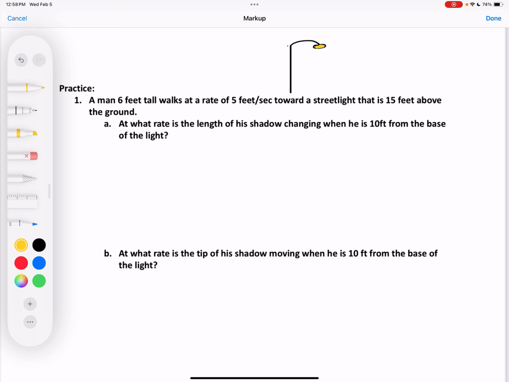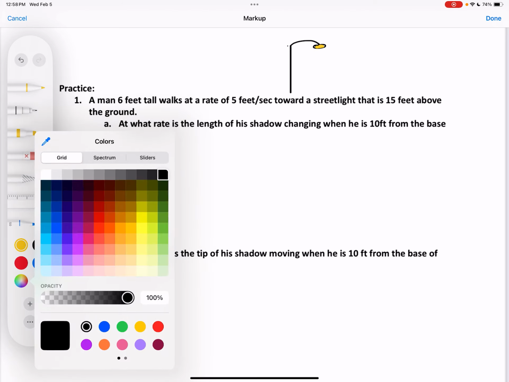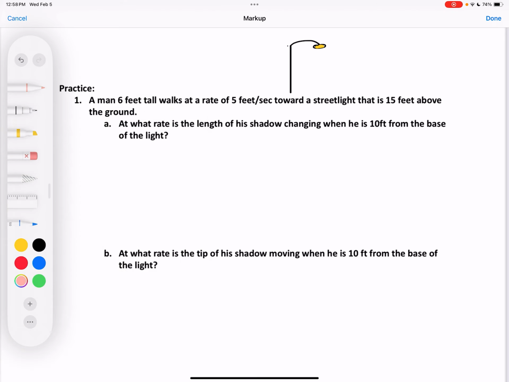Well, you know what, Josh? I'm just kidding. He's over here. Is it a boy? A man. I mean, if it was a boy 6 feet tall, then he must have had some early growth spurts or something. Well, I just wanted to put a shirt on him. It's a man. Well, I'll put some pants too.